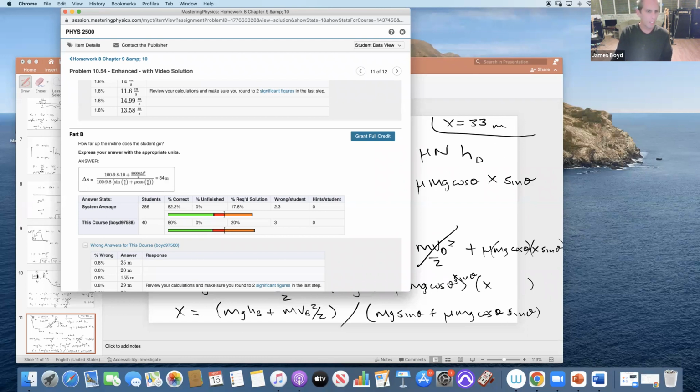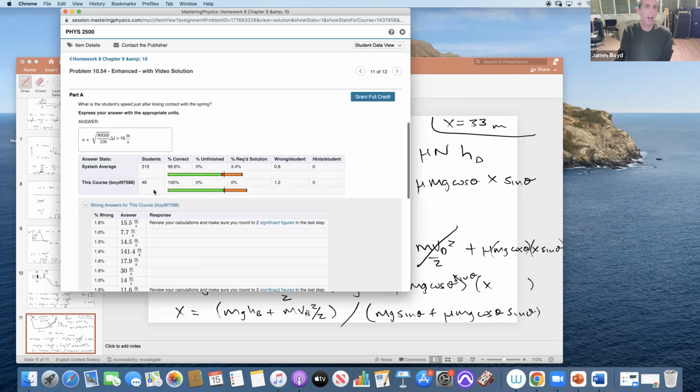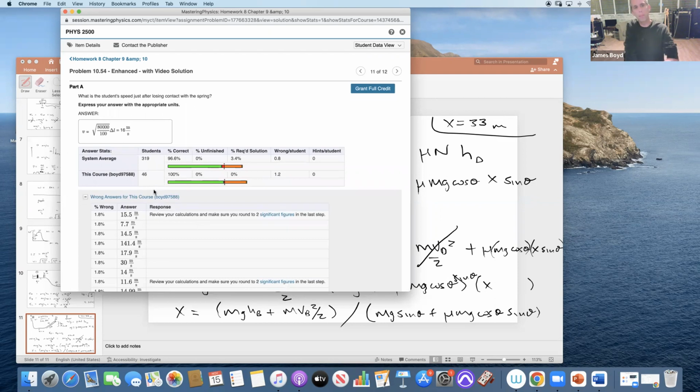What happened to my sine? They're missing a sine over there. But I think that's a typo on their end. But they got 34, so maybe that's why. Maybe they missed that sine. Yeah, who knows?